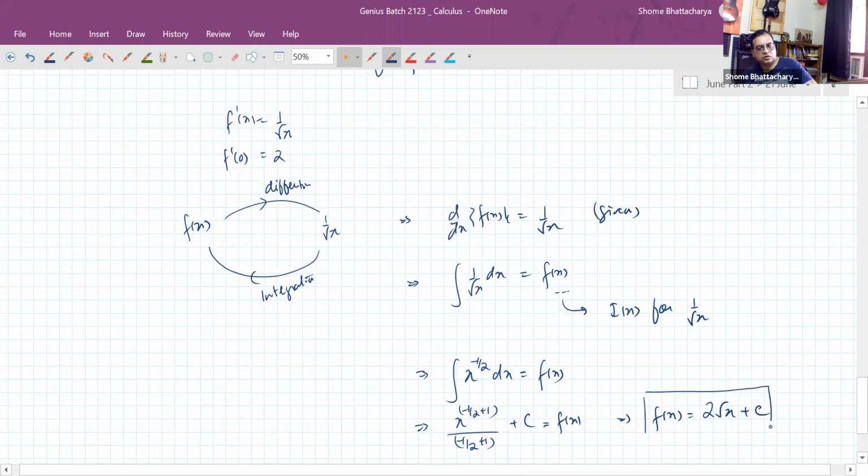Okay. Now what is the value of c? For that we have the second piece of information, that not f prime, but, oh sorry, it is f. So this is given to us as 2. So we'll use this.